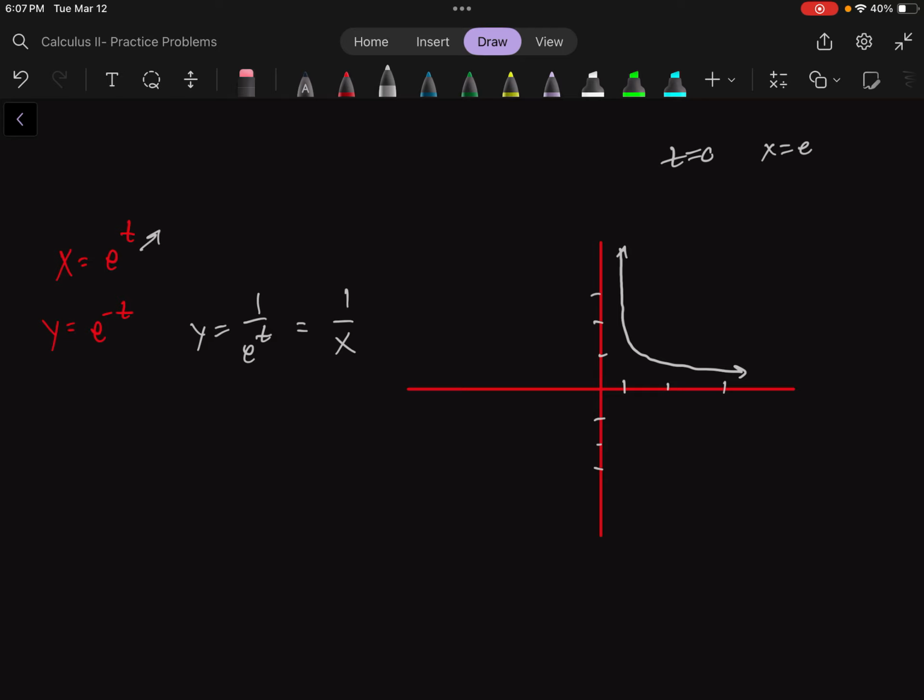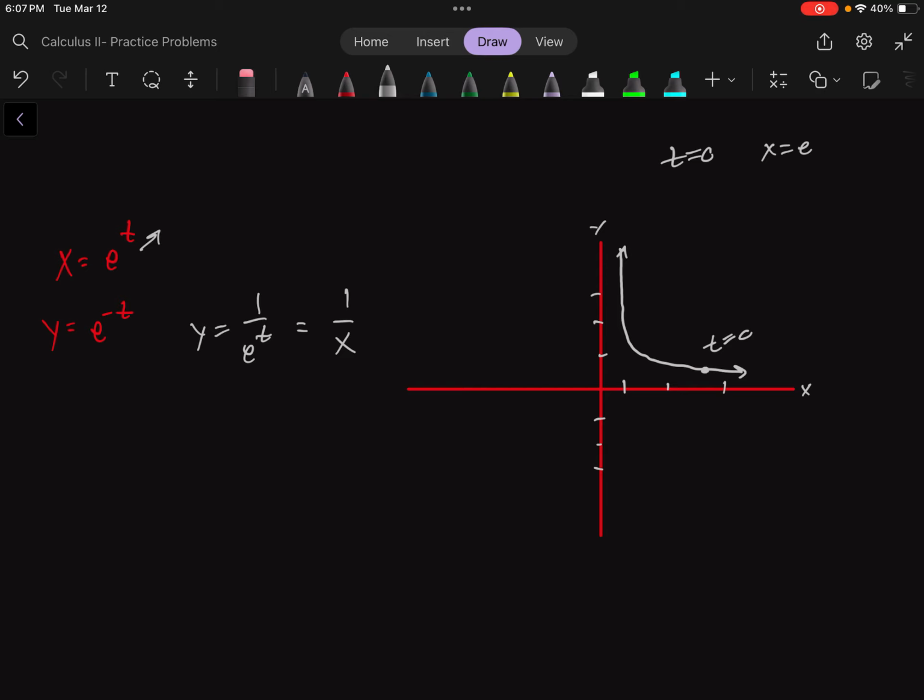So at t equals 0, x equals e, which happens at about 2.71, right? So we could call this point t equals 0. If we put this on an xy plane, the coordinates of this point right here are e, 1 over e, right?